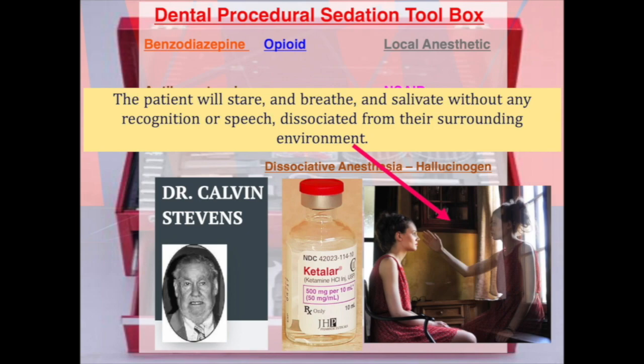It doesn't have a reversal agent, so it's not one of our drugs that we would use unless you have this level of permit. So look at the picture of the two ladies. The one on the left is the lady that's had the drug. The one on the right is the normal awake patient, and the person's just totally out of it. They're dissociated from their environment.